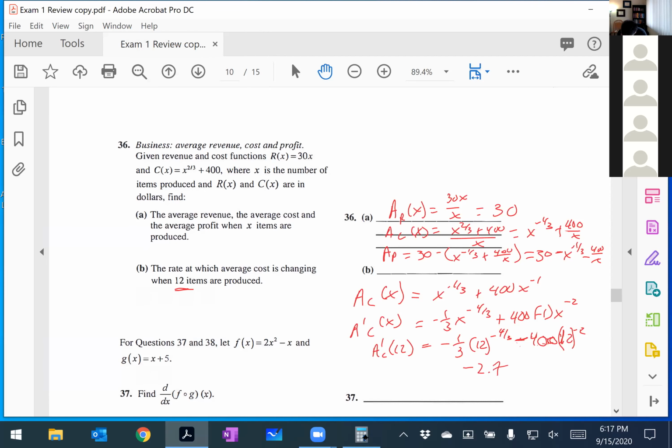So the average cost is changing at negative $2.79 per unit when 12 units have been produced. So the cost is going down.